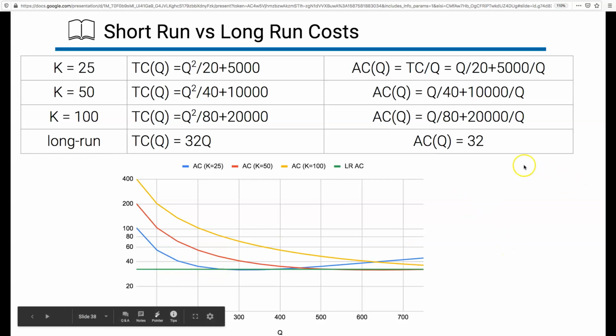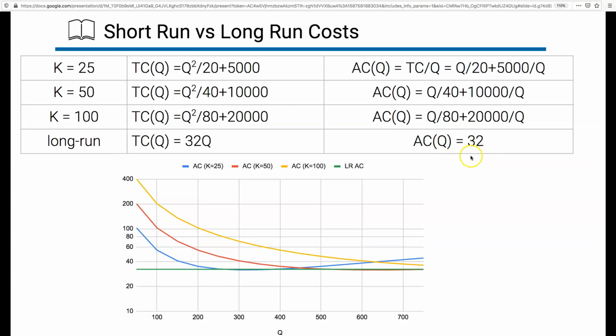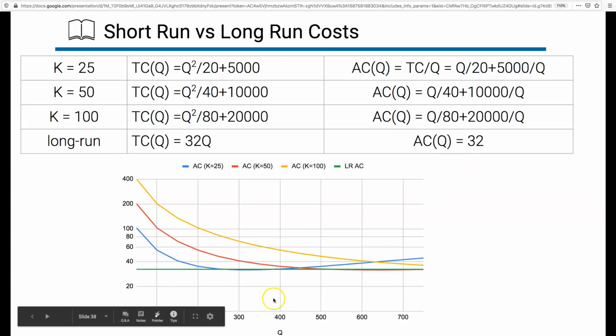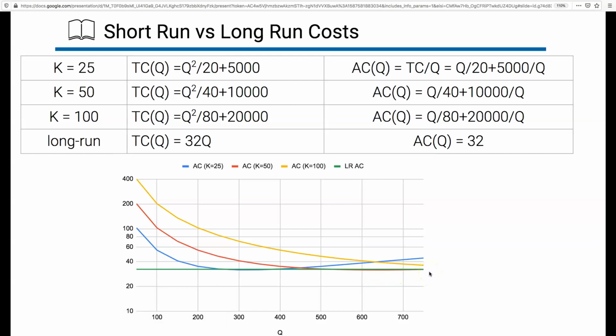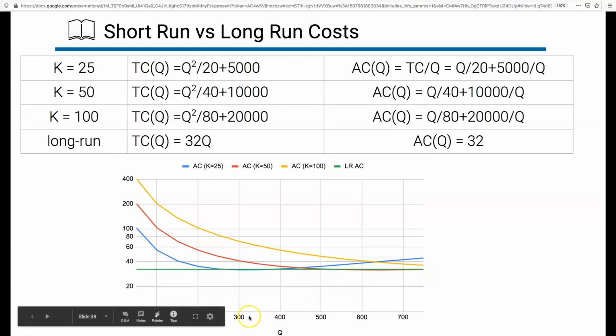And in this particular example, that minimum is 32, no matter what's going on. In other cases, that minimum could be increasing or decreasing. So because we have a constant long run average cost curve, we can talk about constant returns to scale. If we were to scale up our production for this company, no matter how much it is going to produce, the cheapest way to do so would be to produce at exactly $32 per unit.